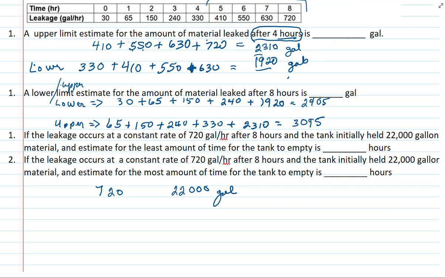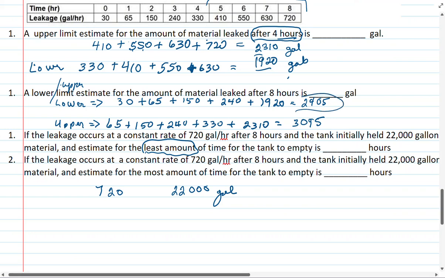All right. Least amount of time. So we're talking the least amount, which was this number here, because that was the least number of gallons lost for that percentage average, that the tank is empty in how many hours.